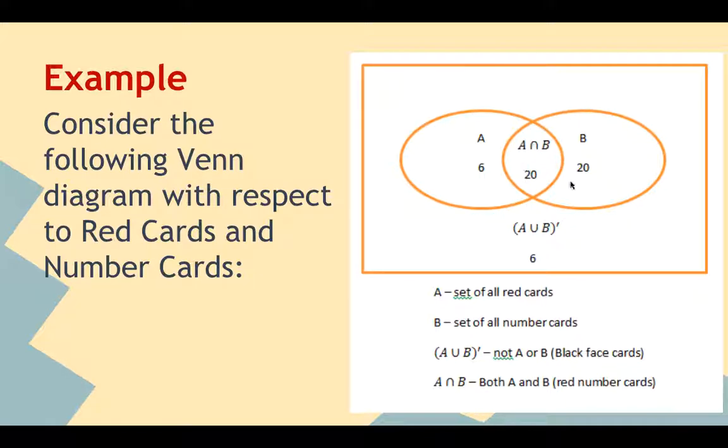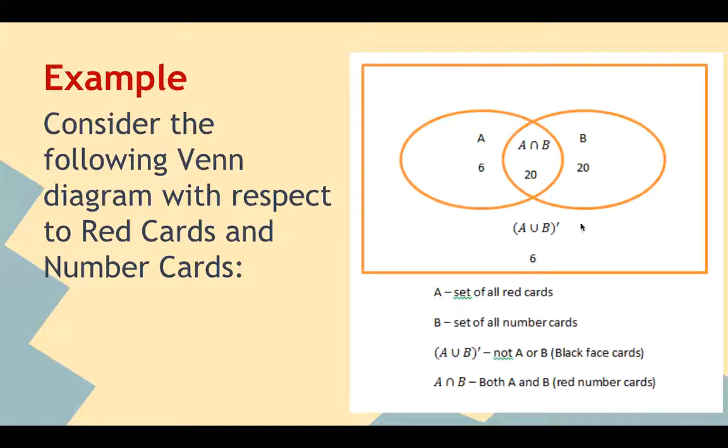You can see those 20 red number cards, those 20 black number cards, and those 6 red face cards, which are outside of the number cards. You can see the 40 number cards and the 26 face cards. The 26 red cards are half the deck. You can see the 40 number cards and the 12 face cards.